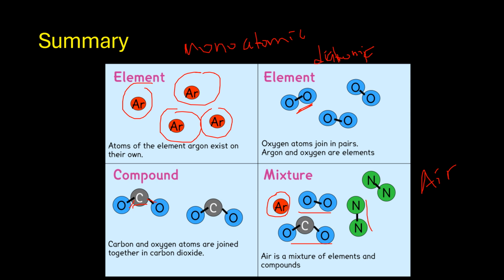It's just more of a homogeneous mixture, because if you look at air, you can't really tell that there's different areas. It's just a very, very well mixed, transparent thing called air. So that's it. We just discussed elements, compounds, mixtures.